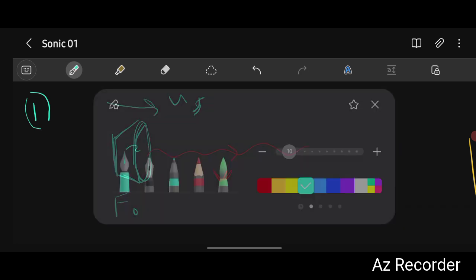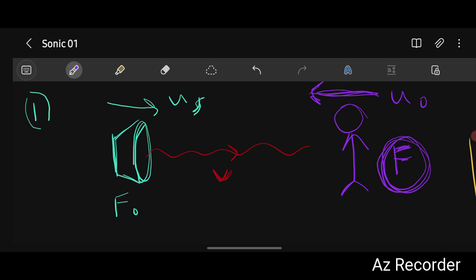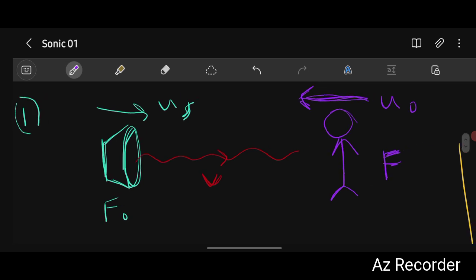This is the observer, and he has velocity towards this direction, that is u naught. This f means the apparent frequency heard by this observer due to the Doppler's effect.